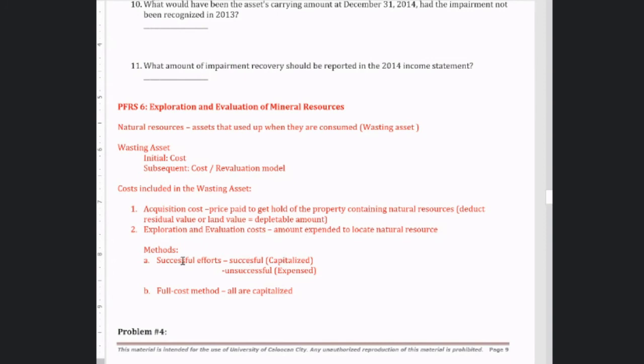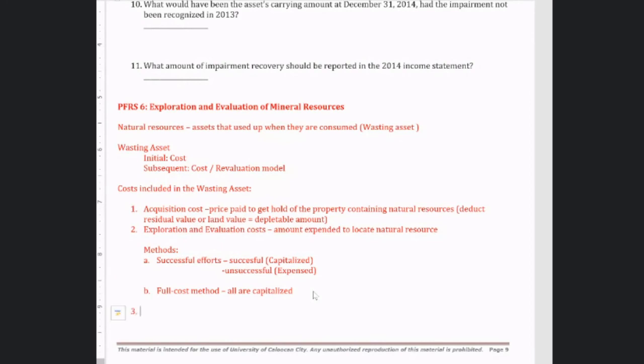Kapag successful efforts method, yung mga successful exploration lang yung kinakapitalize. Full cost method, all are capitalized. Pero sa problem, kapag walang sinabi, laging full cost method napapansin ko, unless sinabi na anong method yung ginamit.